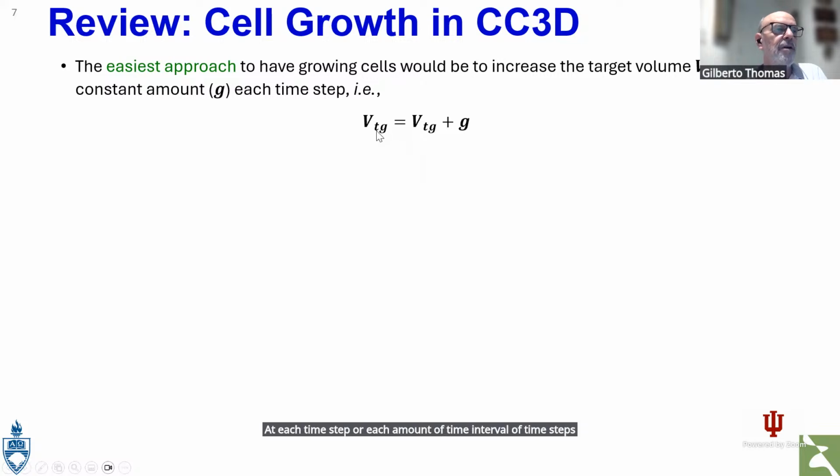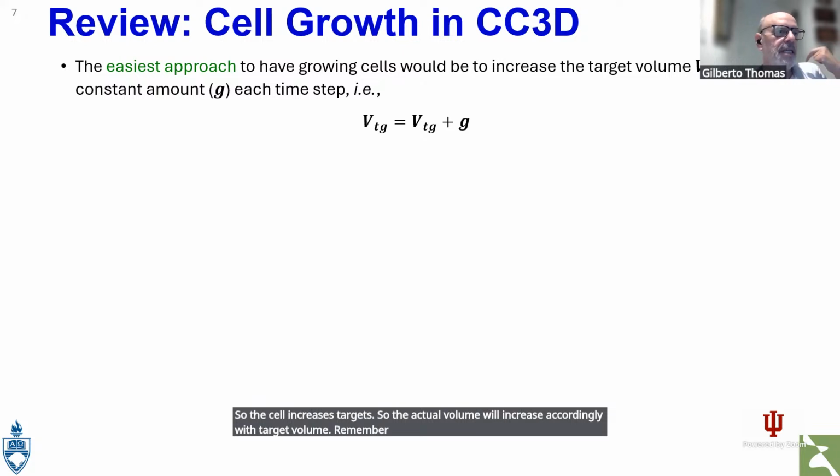So the cell increases its target volume, and the actual volume will increase accordingly with the target volume. Remember what we have seen in the previous lecture.